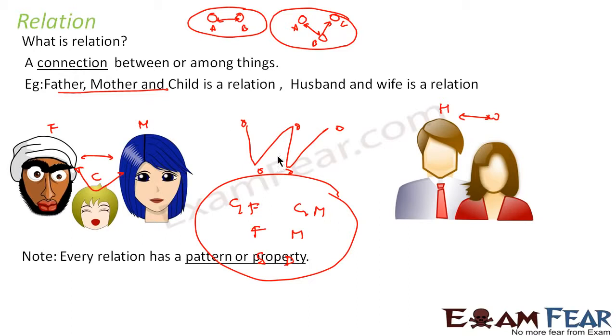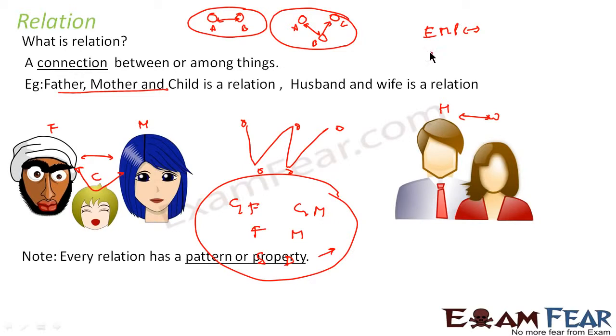Please note, every relation has a pattern or property. For example, in this case, the pattern was father, mother, child relation, husband, wife relation. Or when I said all the employees of Microsoft, then the pattern is that all the employees I'm considering are employees of Microsoft.